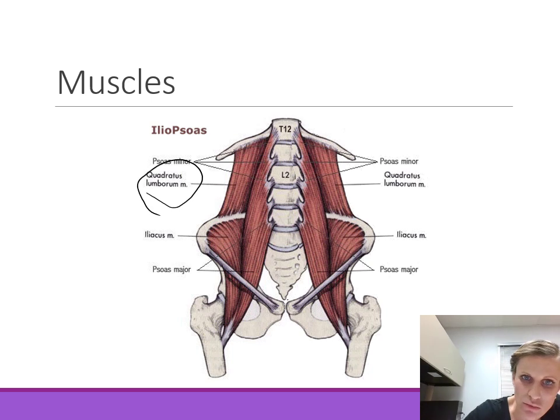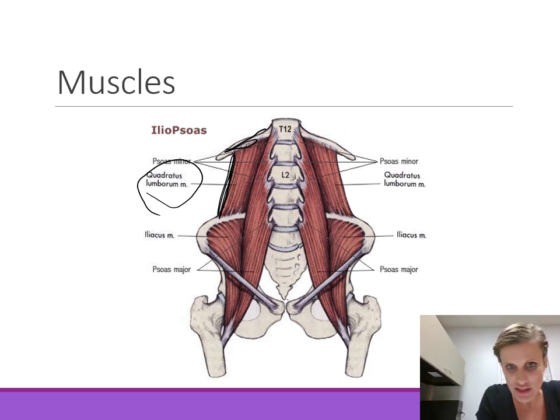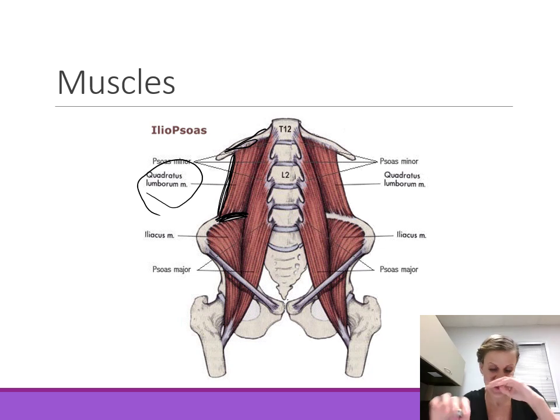The quadratus lumborum, again, connects to the bottom of the 12th rib, the transverse processes of the lumbar vertebrae, and then you can see the inferior connection here to the inside or the anterior portion of the iliac crest.